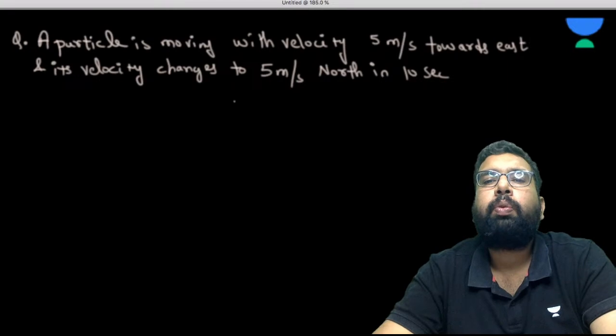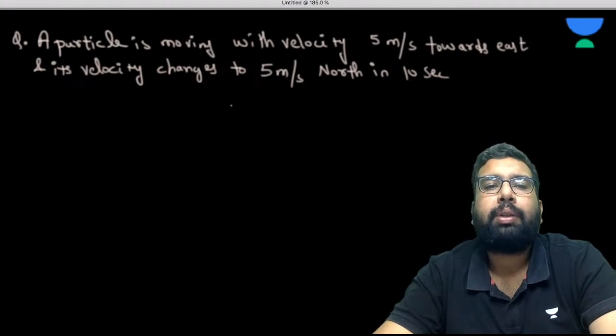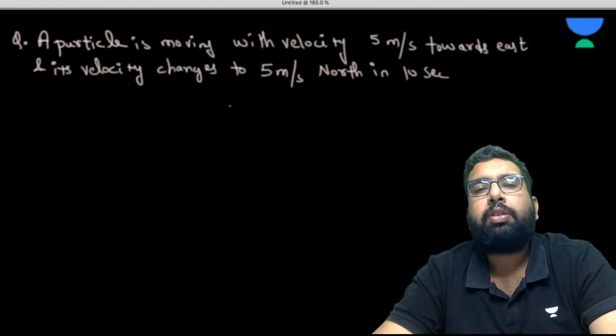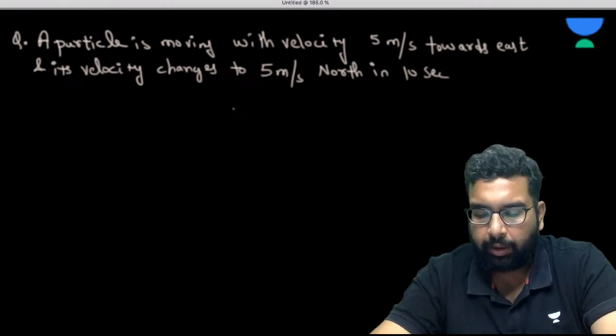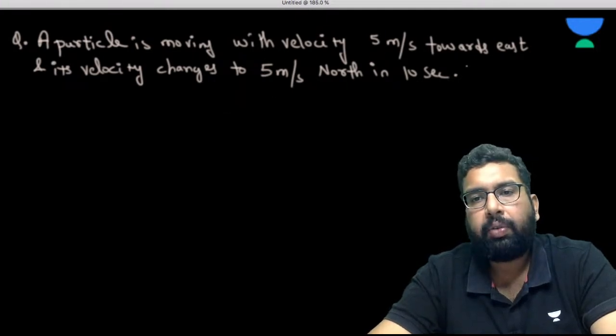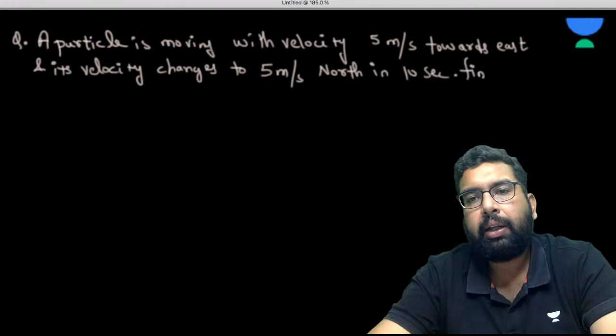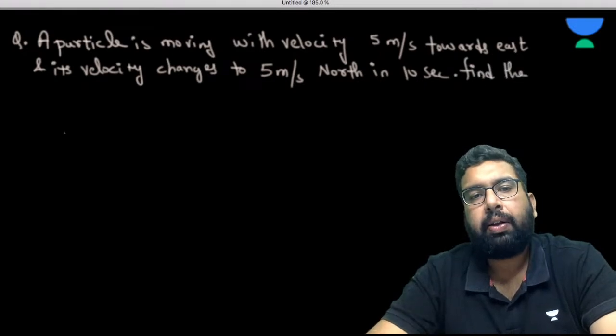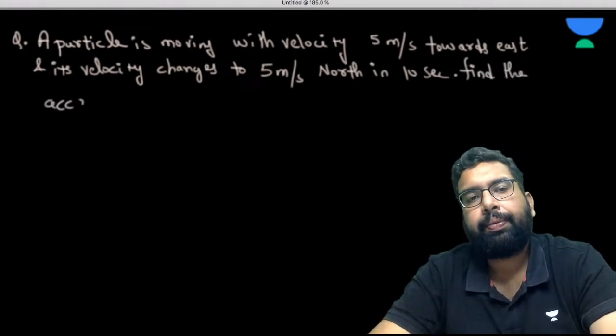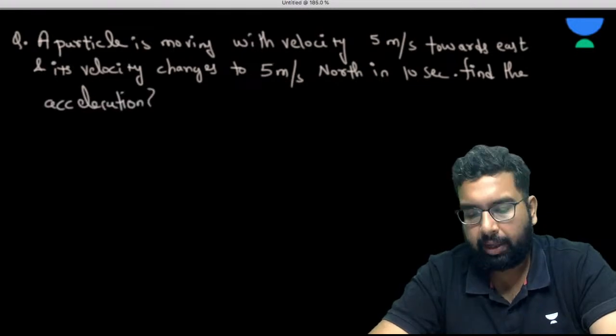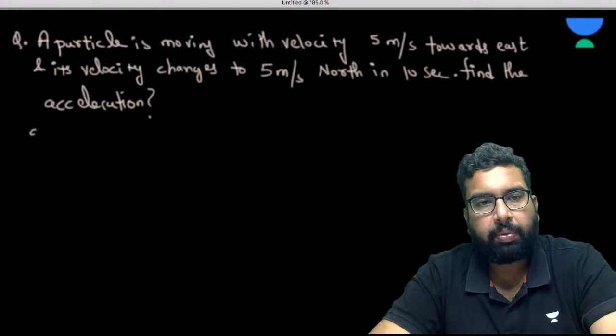So a particle is moving with velocity 5 meter per second towards east, and its velocity changes to 5 meter per second north in 10 seconds. What we need to do is find the acceleration. I'll give you some options too.